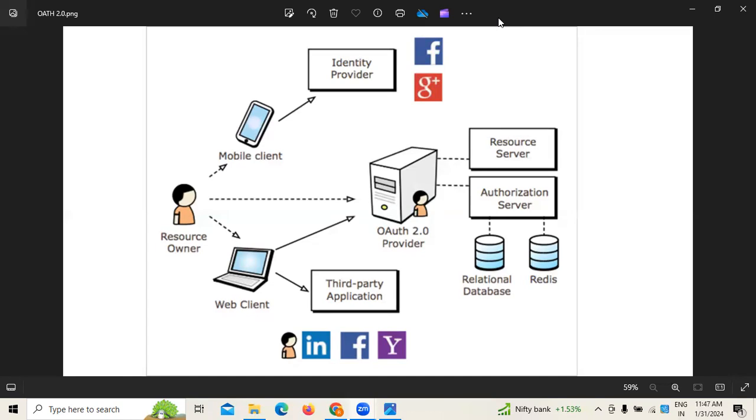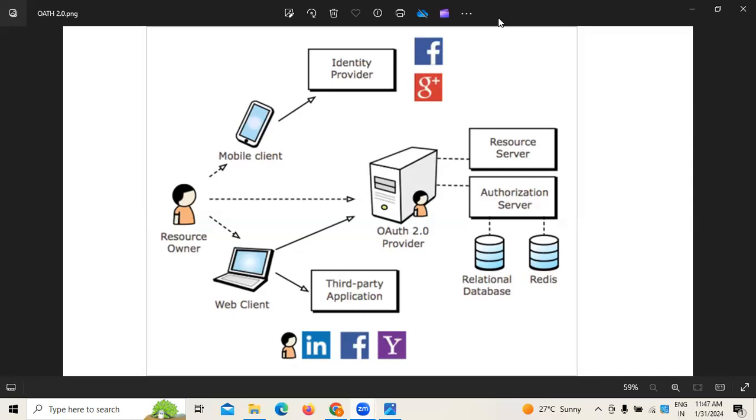So when we are implementing advanced level microservices, especially with OAuth 2.0, there are 4 roles as I stated. One is the resource owner, who manages the resources. At the same time, the resource server protects the resources we are managing by validating the tokens.